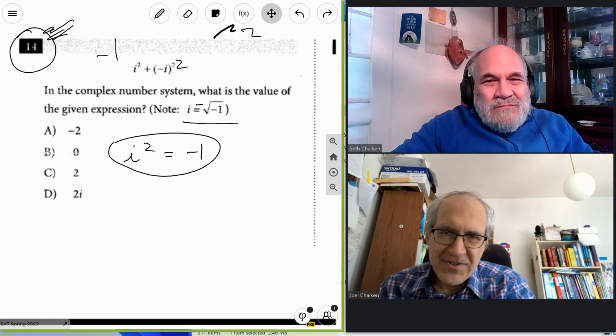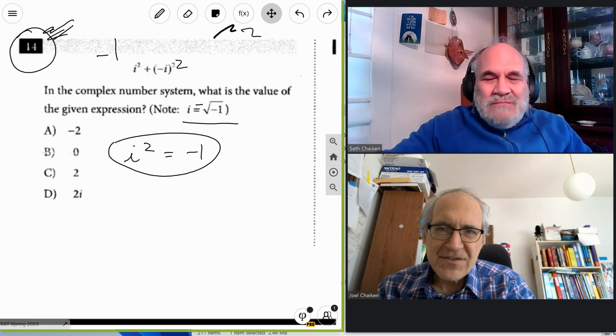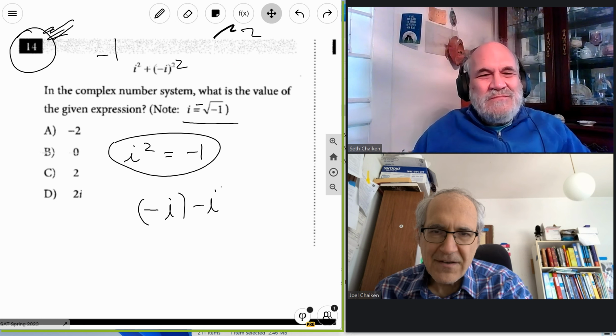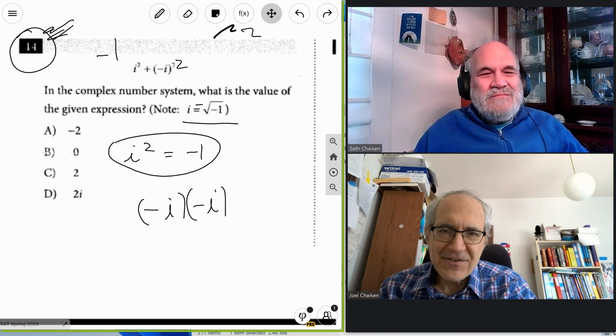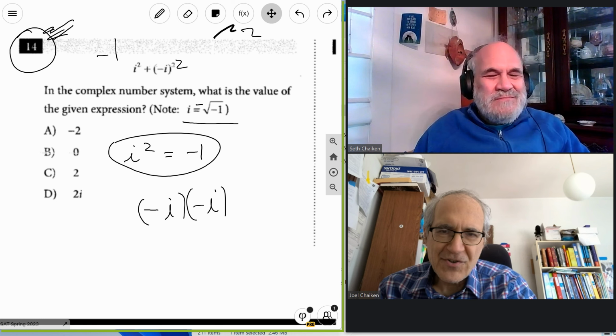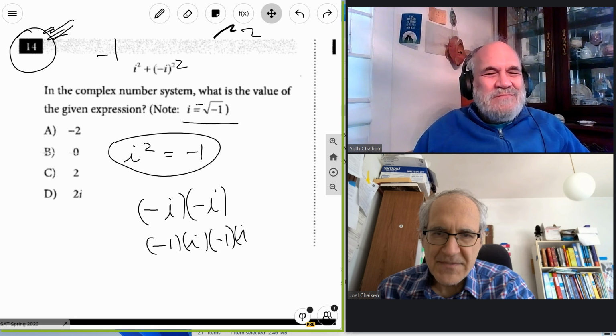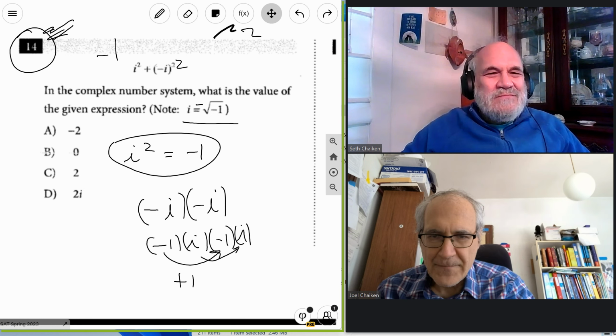Now here is the interesting part. It's negative i squared. So one can just write negative i times negative i. The way I like to do it, if you're not sure what to do, you could always put a 1 in here. This is negative 1 times i times negative 1 times i. The negative 1 times the negative 1 is a positive 1. i times i is what we did before.